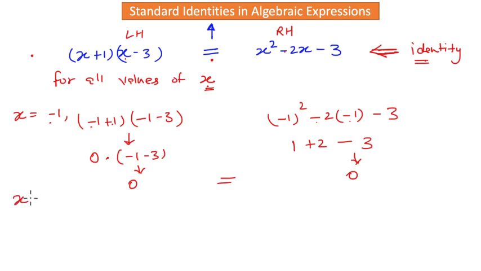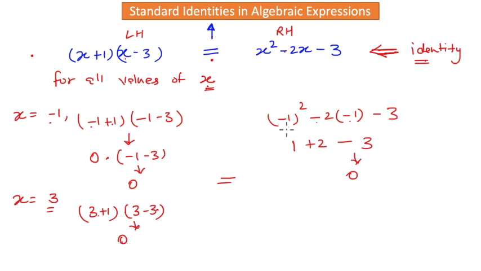So let's explore one more value. Let's say I have x equal 3. In this case, my left hand side becomes 3 plus 1 times 3 minus 3, which is 0 because 3 minus 3 is 0, and this in multiplication with 3 plus 1 becomes 0 in total.